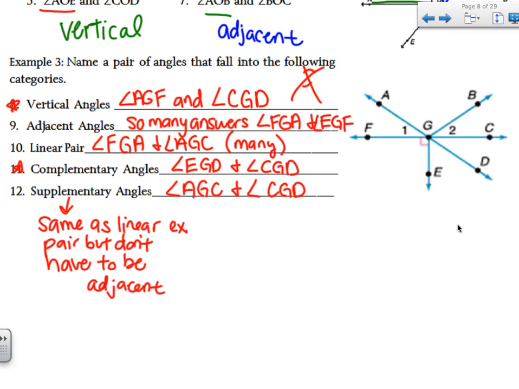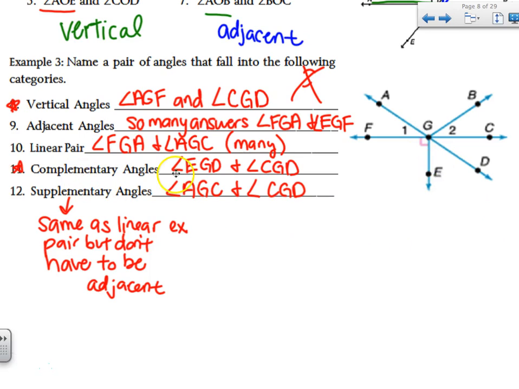You could have said CGB and then BGF, because that would have made a linear pair. You could have said FGE and then CGE, because those would have come together to make a linear pair. So if I didn't say that, I'm sure there's much more answers to pick from.